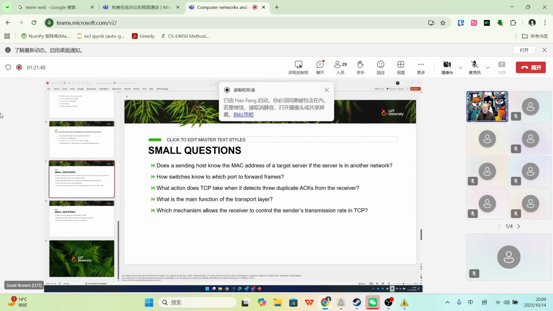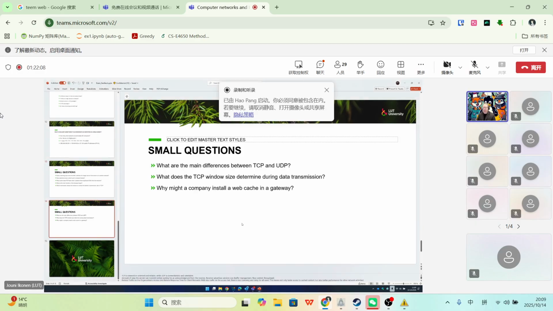Yeah, there is a receive window basically. So the receiving host tells that, okay, I have this much buffer space. So this is flow control basically.